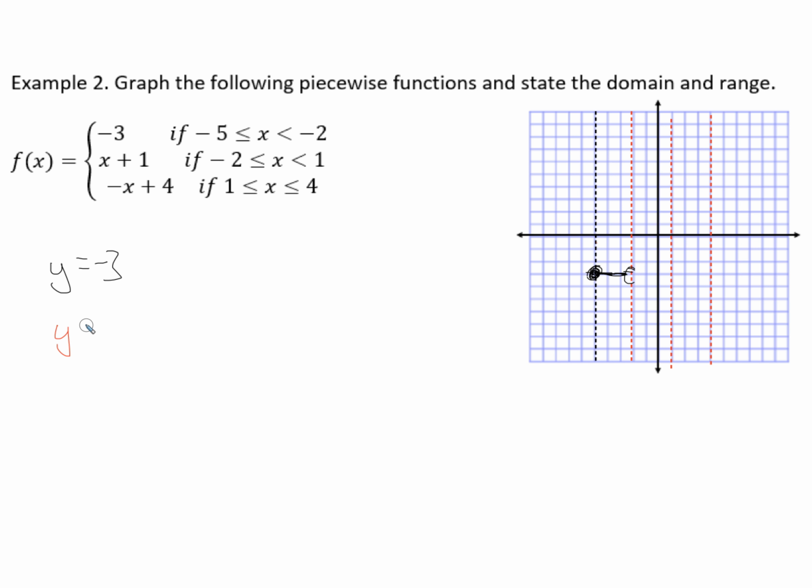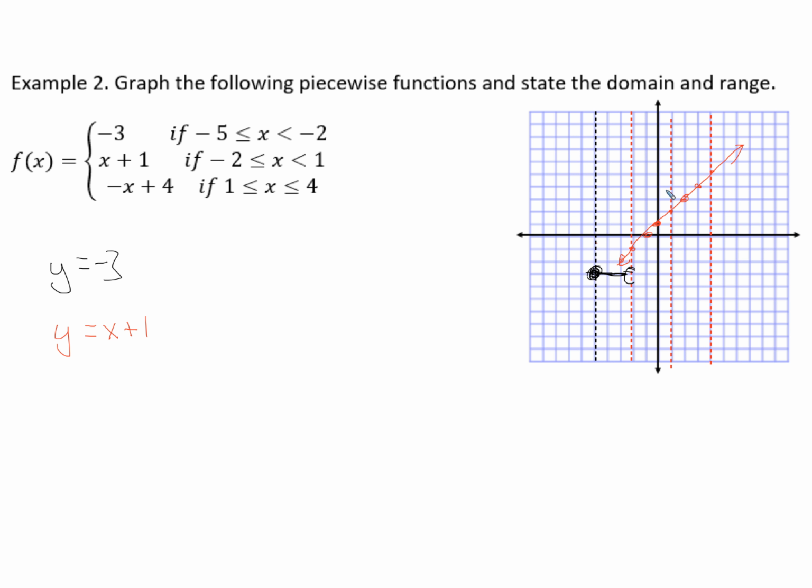So that's y equals x plus 1. That's a line. It has a y-intercept of 1. So we're just going to graph this line with a slope of 1. So we can go up 1, right 1, and we can keep graphing points, and then down 1, left 1. And so this is the line we're referring to. But we only want this from -2 to 1.